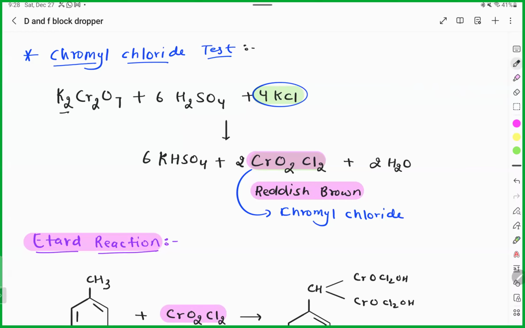H2O total hydrogen 4 and 6, 10. 6 to the 12. Hydrogen is not balanced. So it will be 3 molecules. Oxygen 6, 24, 28 and 31. So this is the chromyl chloride test. Any doubt?